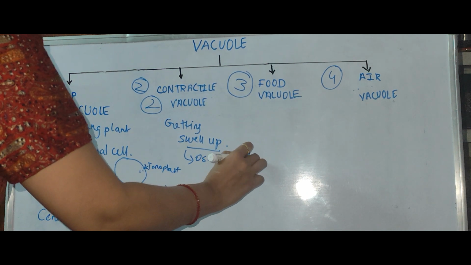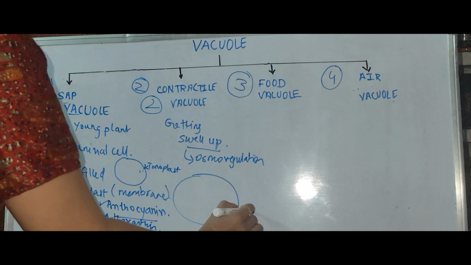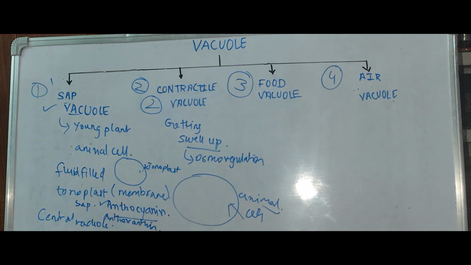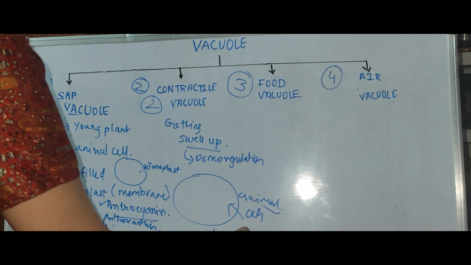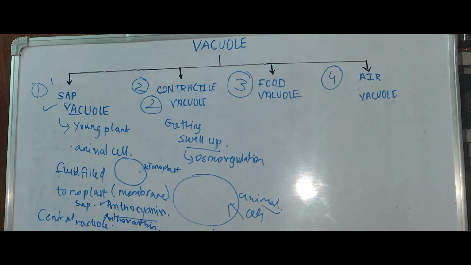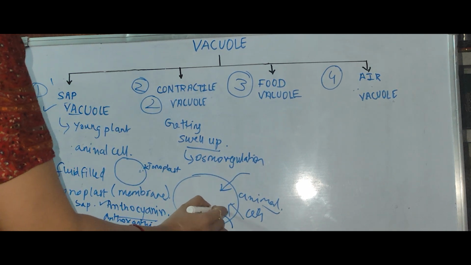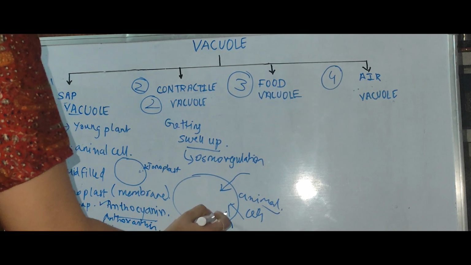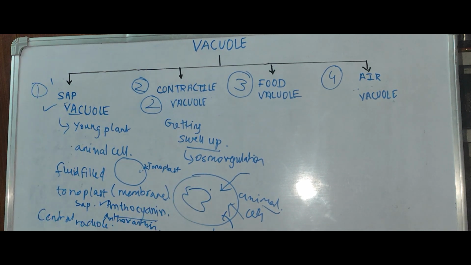It is going to collect the excess water. Now this is the animal cell. Any animal living in fresh water, there is always a possibility that the surrounding water enters the cell and it will burst the cell.